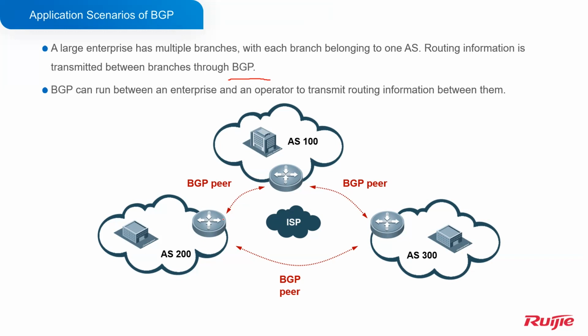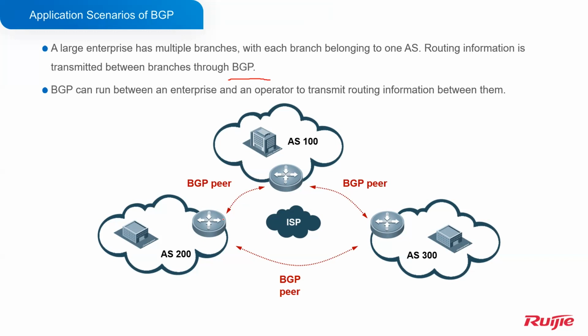But pay attention, although these routers are not directly connected with each other, because between them we still have the ISP, we still can establish the BGP peer relationship. So this also is a very, very big difference with the IGP protocol.